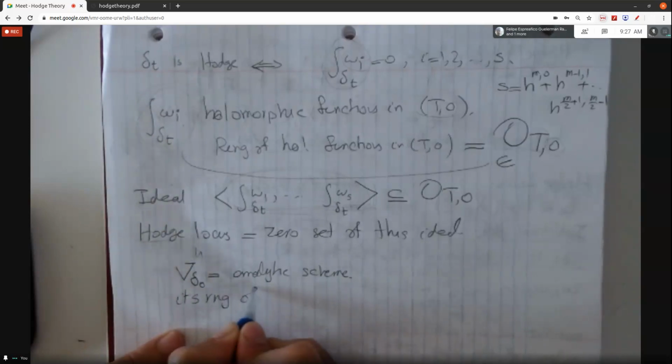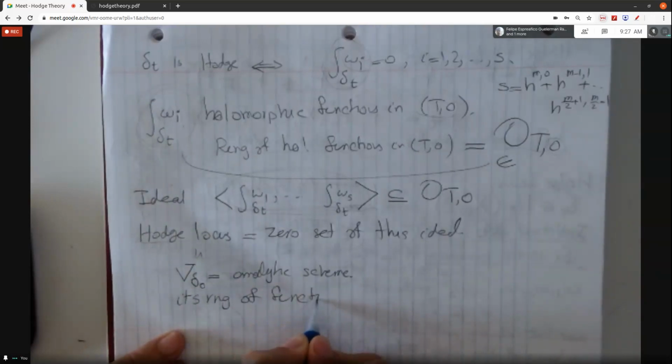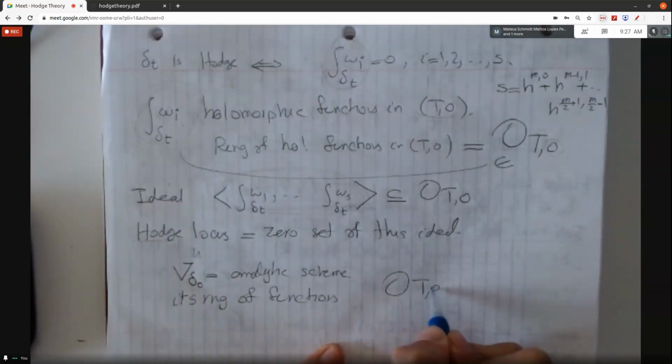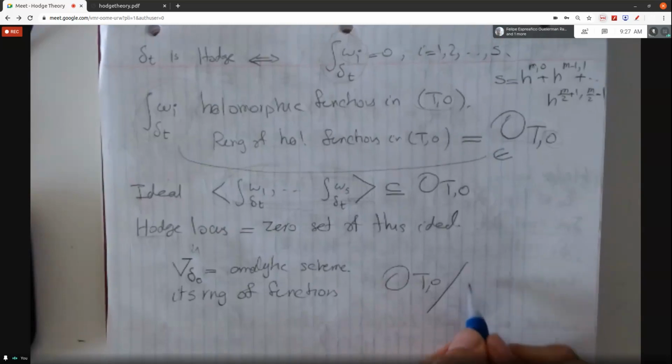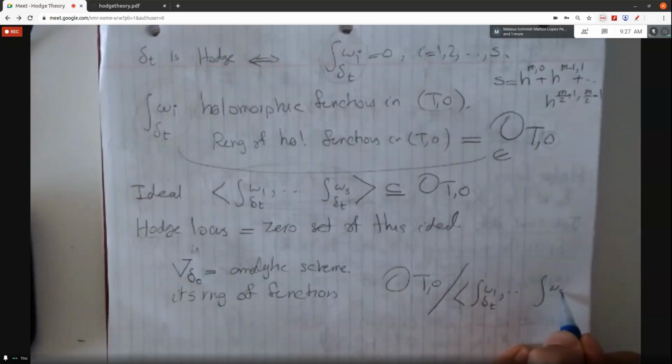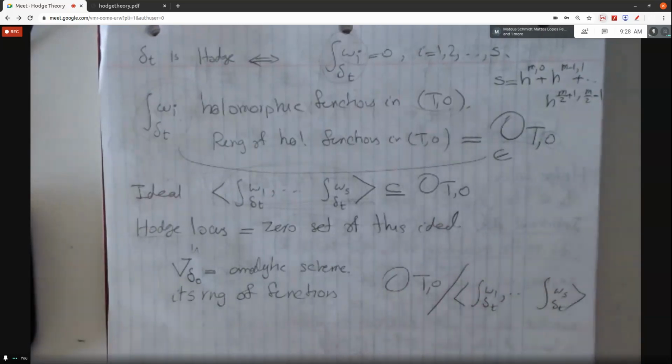Its ring of functions is just O, the holomorphic functions, quotiented by this ideal.